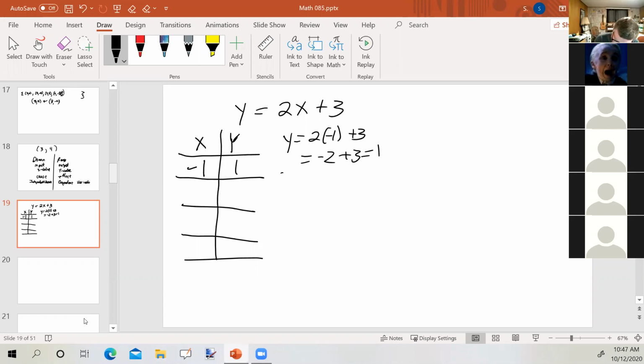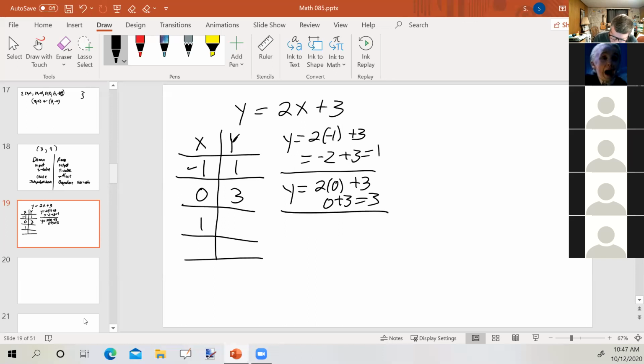All right? Suppose x is 0. How would you find out what y is? Plug it in for x. Sure, do the same thing. Sorry, I could just barely hear you there. All right. And 2 times 0 plus 3 is 0 plus 3, which is 3, right?